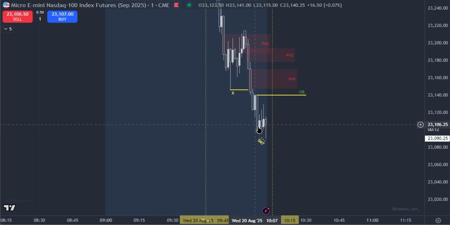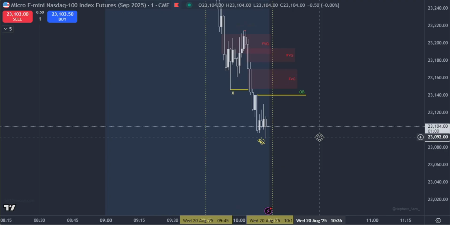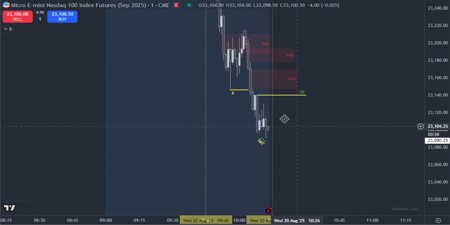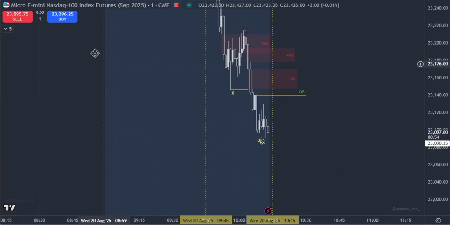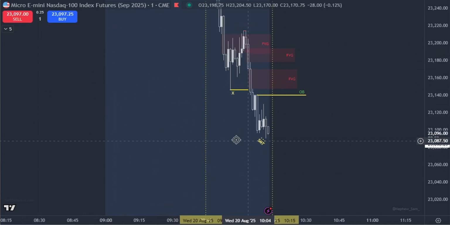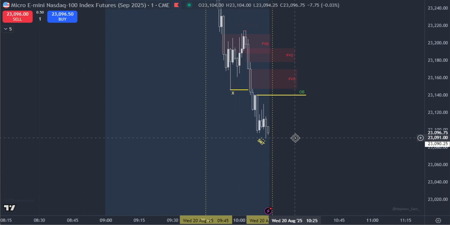ES and Dow Jones did not sweep these, but NQ did. And just keep in mind that we have a huge SMT: ES and NQ swept Asia lows, and Dow Jones has not.